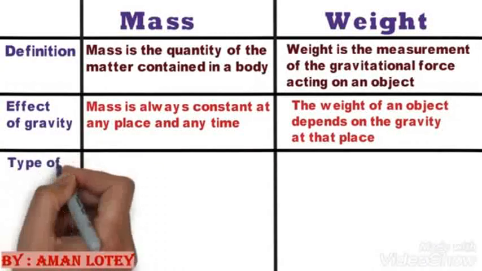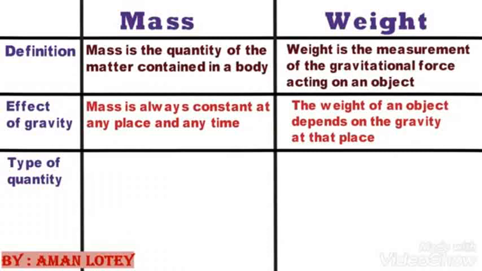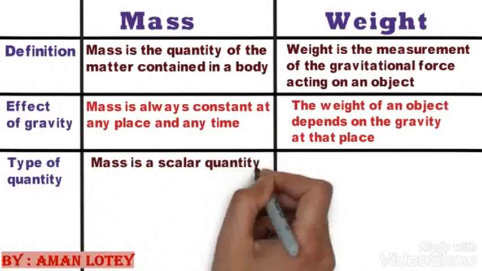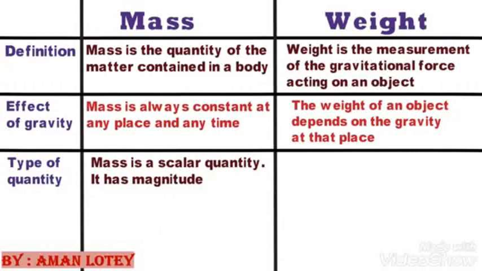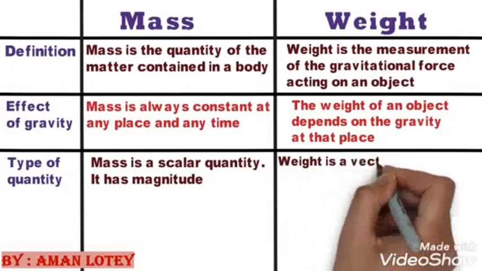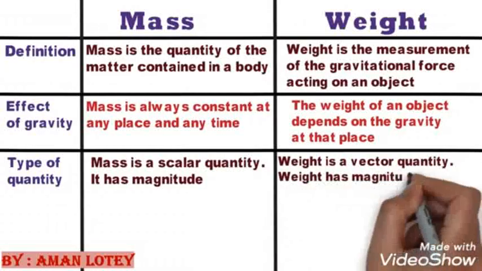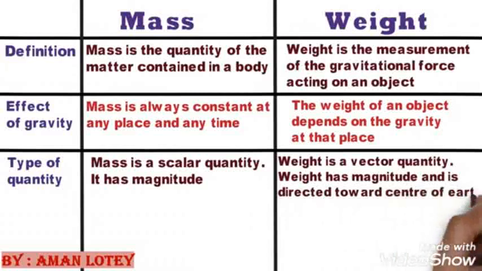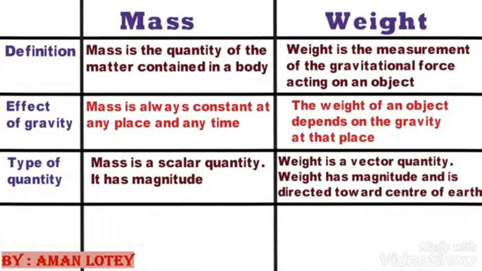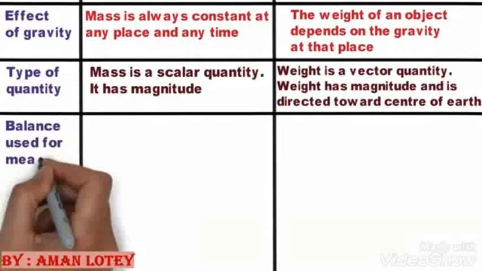Next point of difference is type of quantity. Mass is a scalar quantity. It has only magnitude. Weight is a vector quantity. It has magnitude and it is directed towards the center of the Earth. Next is devices used for measurement.